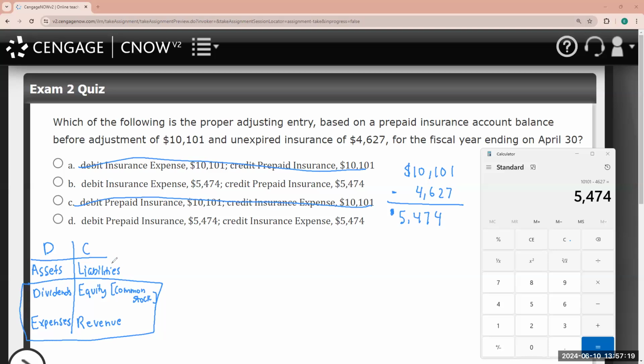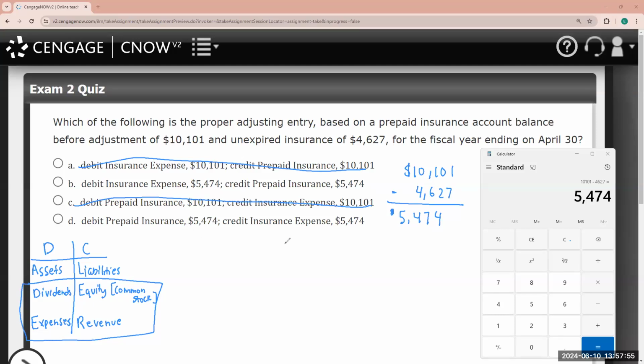We have our assets, we have our liabilities, and we have our components of stockholders' equity, which is our dividends, our equity, our common stock, our expenses, and our revenue. So our assets are increased with the debit, our liabilities are increased with the credit, and our stockholders' equity account is increased with the credit. So positive impacts to our stockholders' equity, such as common stock or revenue, are increased with a credit, and a decrease to our stockholders' equity is reflected with a debit.